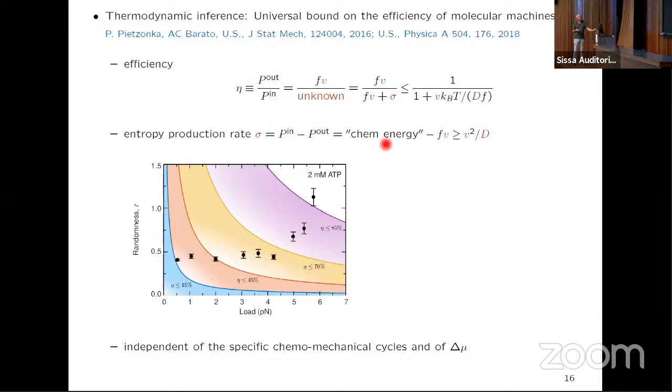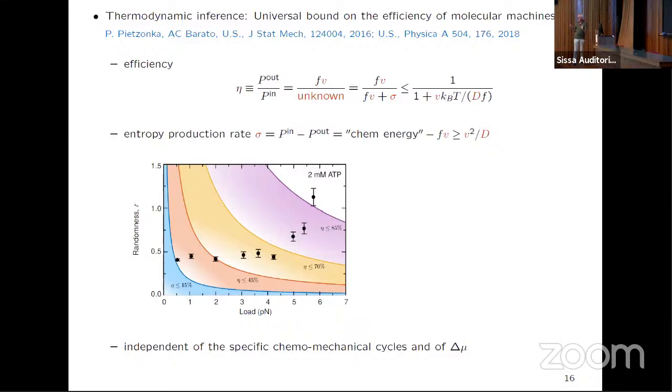These are the data I've just shown you, but now I'm overlaying this bound in these colored curves. So for instance, let's take this point here. This is the 45% line. So the statement now is that at this load, this molecular motor is at most 45% efficient in translating chemical energy into mechanical motion.